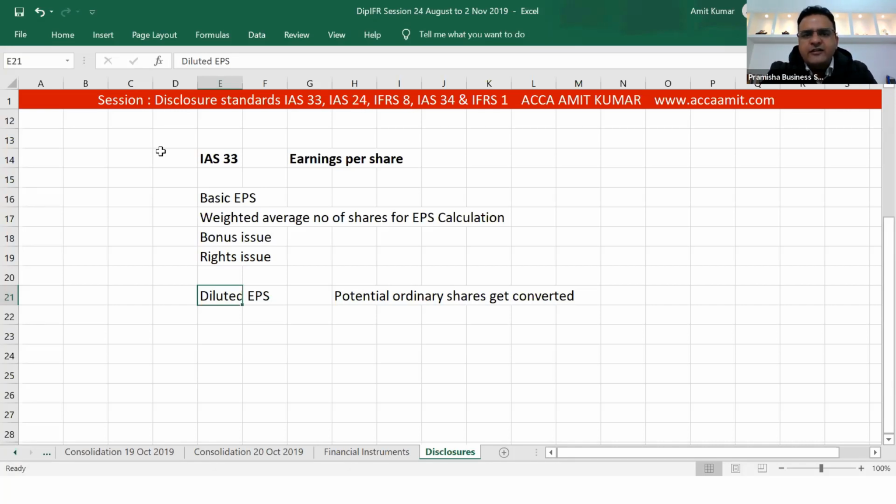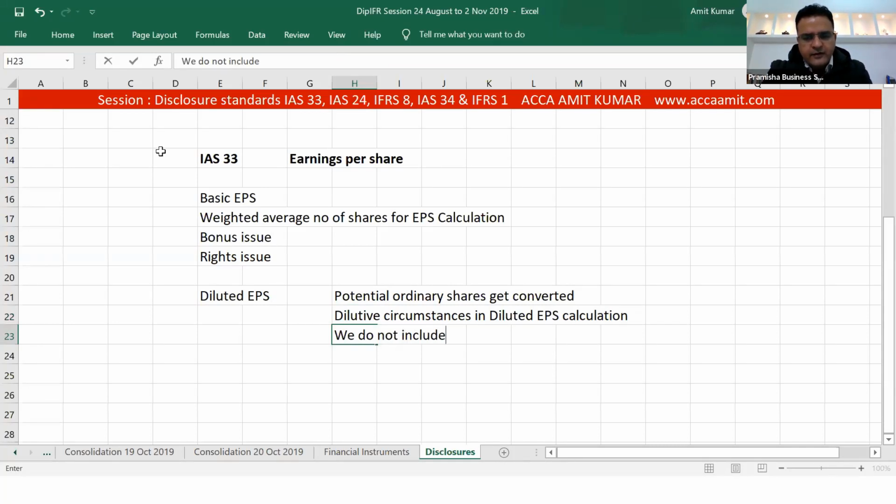Now, since IFRS is conservative in approach, we only include dilutive circumstances in diluted EPS calculation actually. We do not include anti-dilutive circumstances.